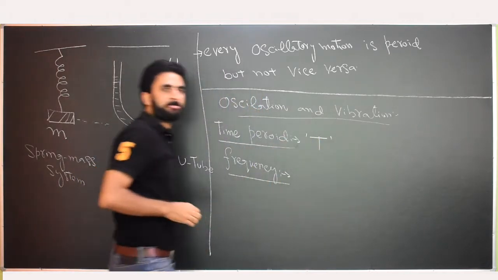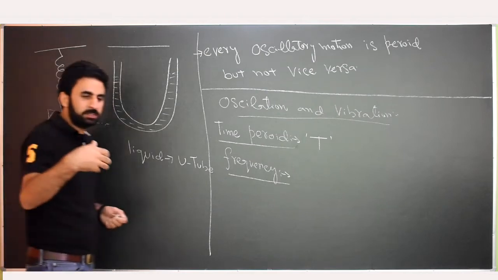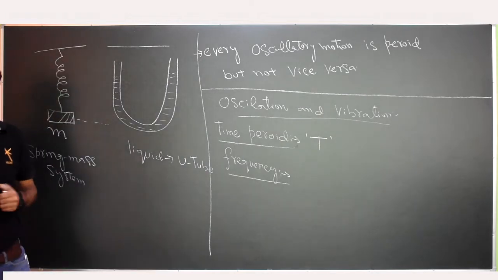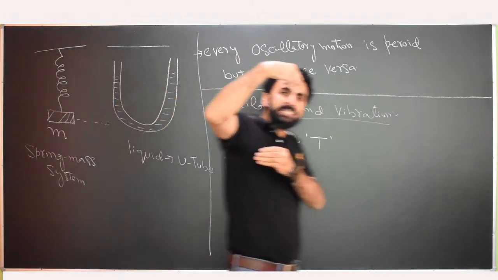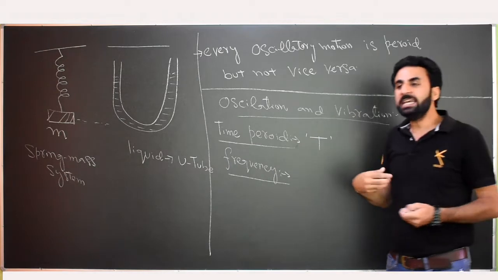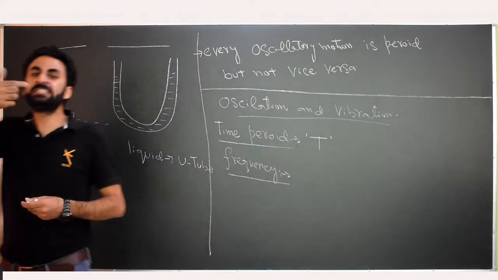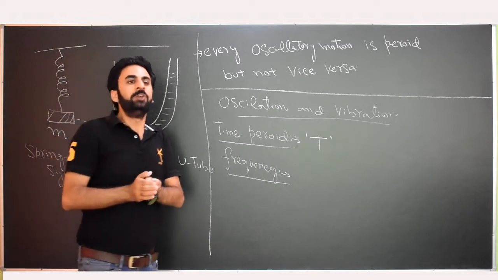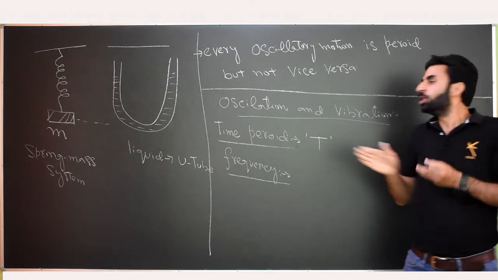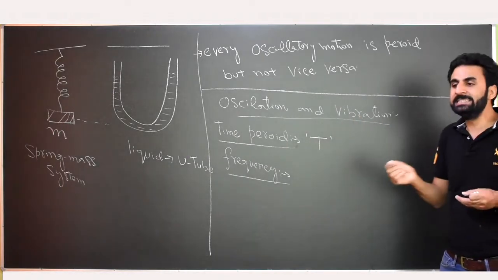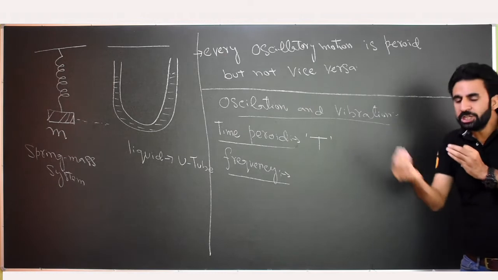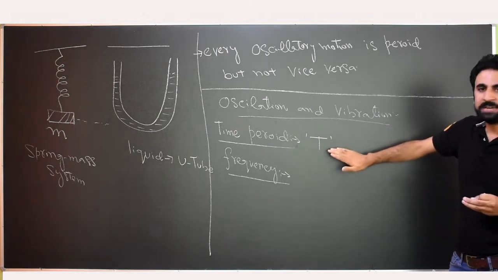Suppose we discuss it regarding a periodic motion, like the motion of Earth around Sun. Earth takes 365 days or 1 year to complete its revolution around Sun, so we can say the time period of revolution of Earth is 365 days. We know rotation of Earth around its own axis takes around 27.3 days, so we can say the time period of rotation of Earth around its own axis is 27.3 days.